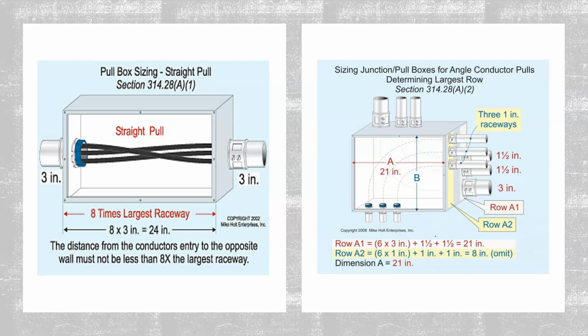In other words, for our front row A2, if we assume that we had a conductor in one of the 1-inch raceways going into the raceways on the bottom, and those were also 1-inch raceways, then those raceways would need to be 6 inches apart if we pulled a tape measure across them inside the box, since they enclose the same conductor. And that's all that little side note of A2 is talking about there.